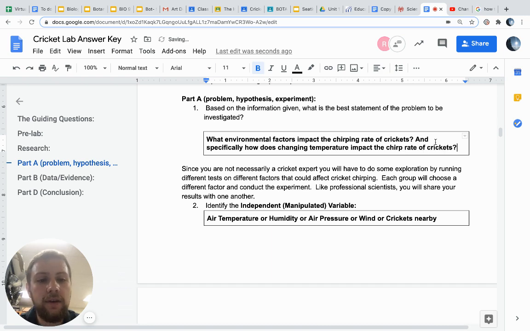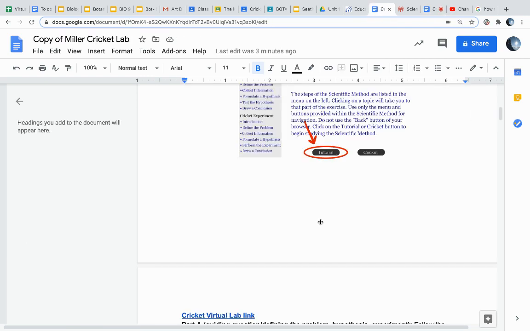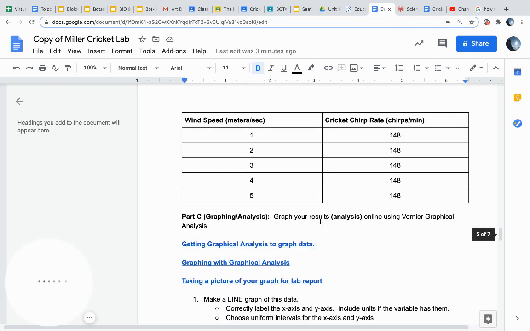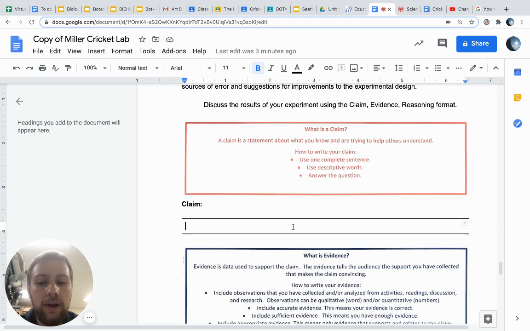That's specifically what we were trying to answer. So now we can write about it in our claim from what we saw in our data. This is going to be different depending on what your data was. Everyone had different data, picked different data points. So go ahead and write your claim right now.